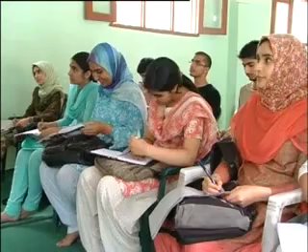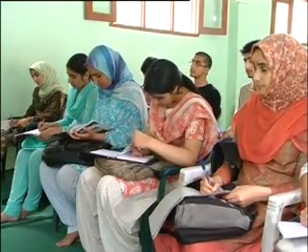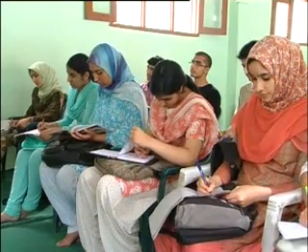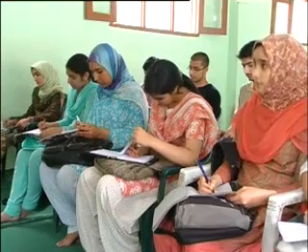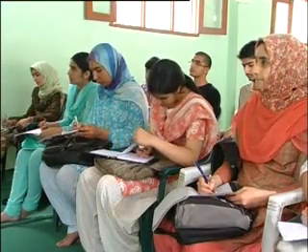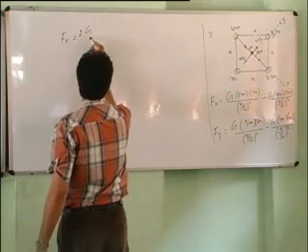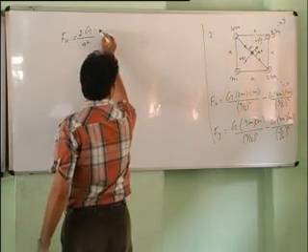But first of all, we have to simplify. The simplification of Fx and Fy gives us Fx is equal to, G will be taken out, 2 will be taken out, this 2 will go up, and a square will come out.